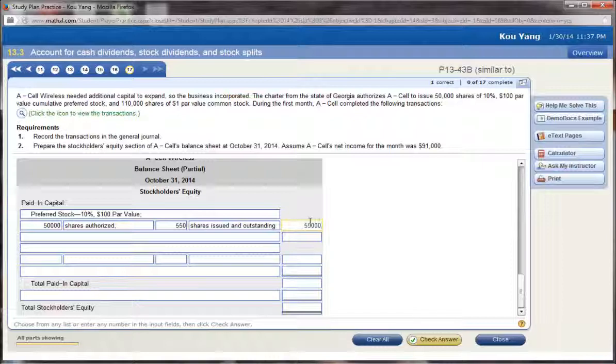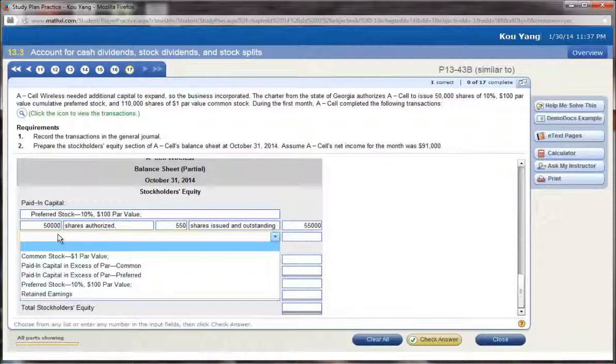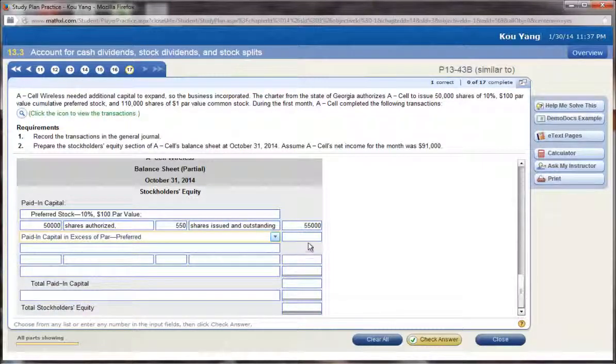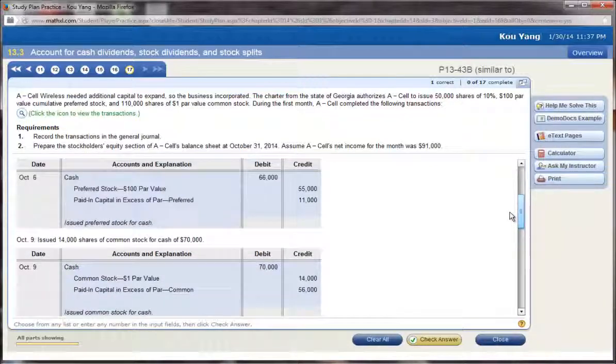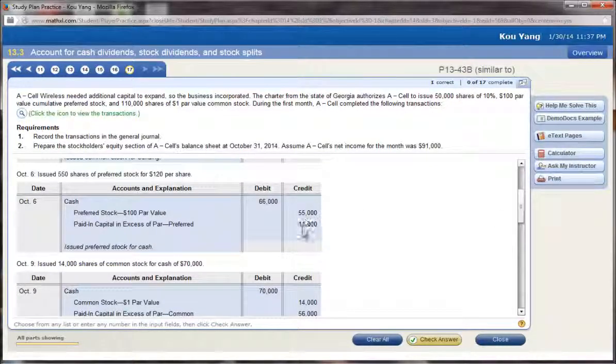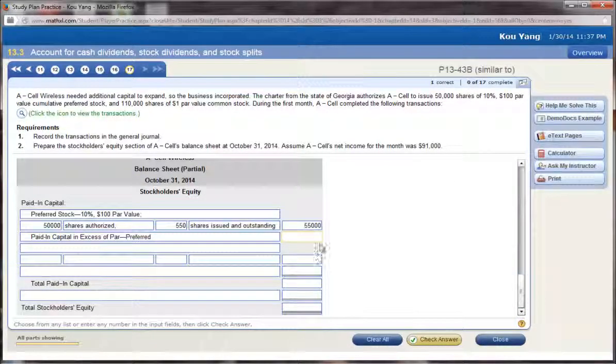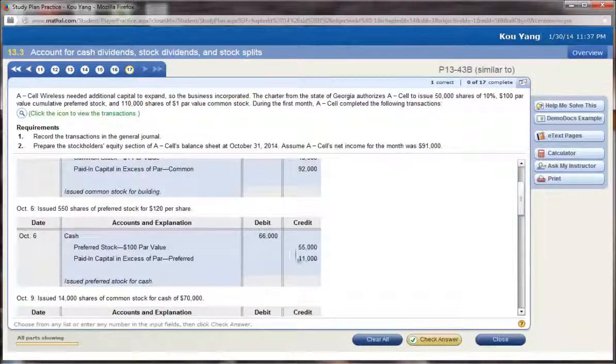And once we have that, right here is paid in capital in excess of par, and that's going to be this 11,000, because that's the amount that was paid in excess of the $100 par value. Yep, 11,000.